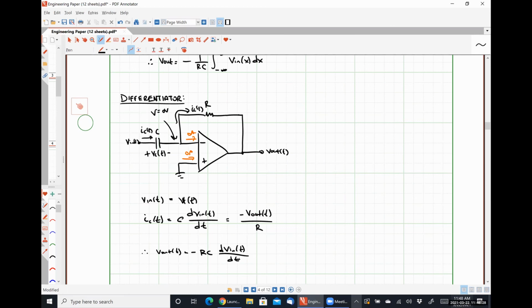So we have done addition, subtraction, scaling, attenuating, integration, and differentiation, all with an op-amp. That's why an op-amp is called an op-amp, because it does mathematical operations on analog signals. And the Army engineers that invented it shortly after the beginning of, I believe, World War II, couldn't think of a more clever name.